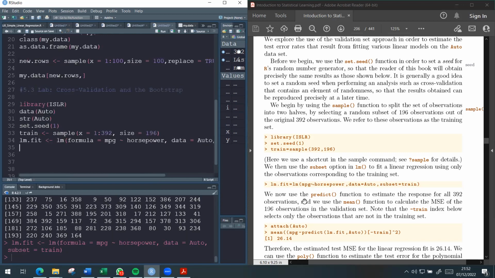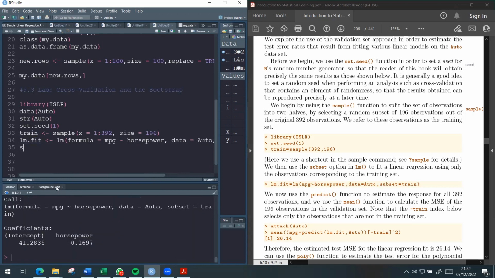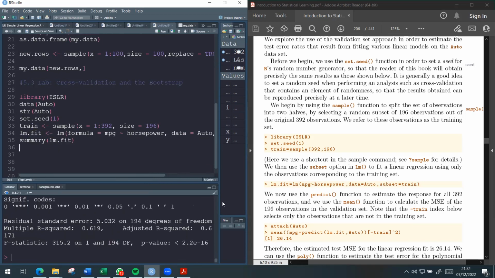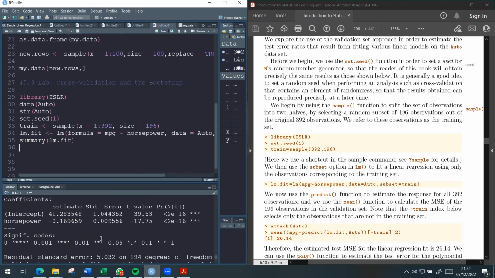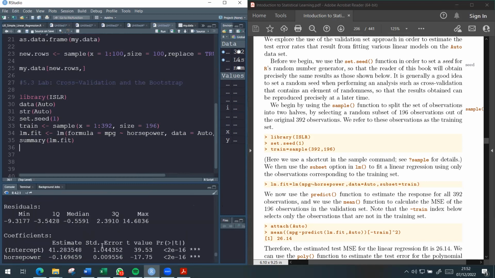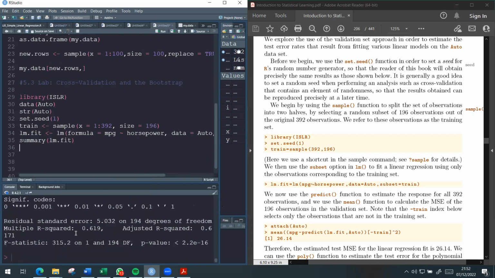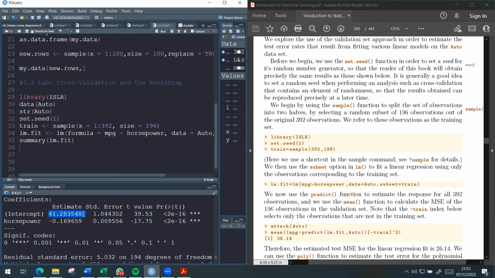So if you run this, and we do, for example, summary of lm.fit, what do we get? We get these two parameters, your intercept parameter and your slope parameter. Okay.